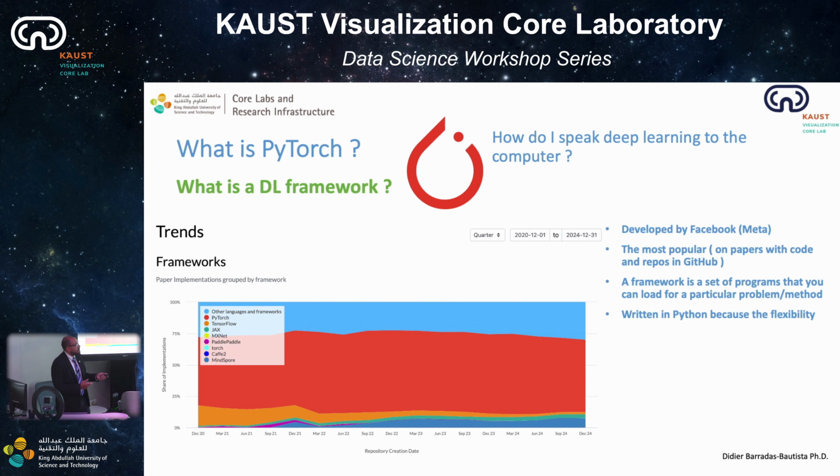It was developed by Facebook, now Meta, meaning that companies use it. So it's a company-level thing. Also, Elon Musk, Tesla, and all these guys are using PyTorch. Your favorite LLMs, ChatGPT, were probably built on this. So many other things that you have already used are built on PyTorch.